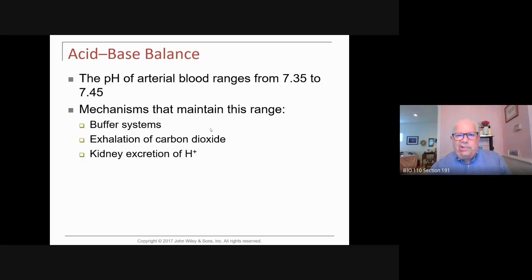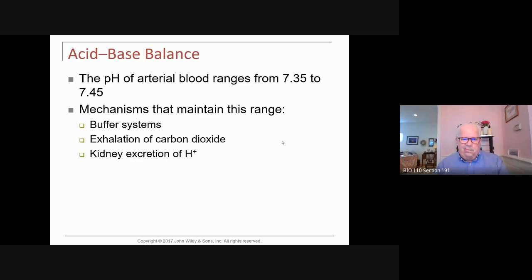The pH of arterial blood ranges between 7.35 and 7.45. To maintain a normal pH of your blood, you must depend on 3 important items.